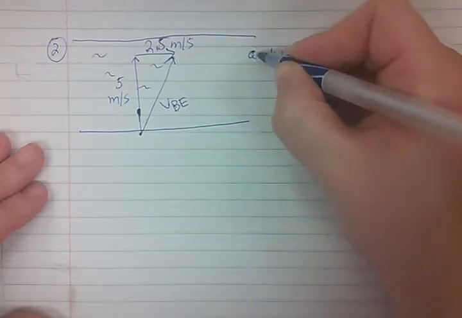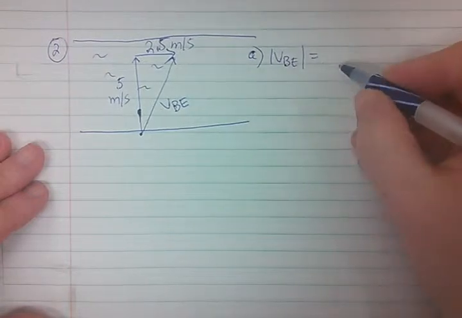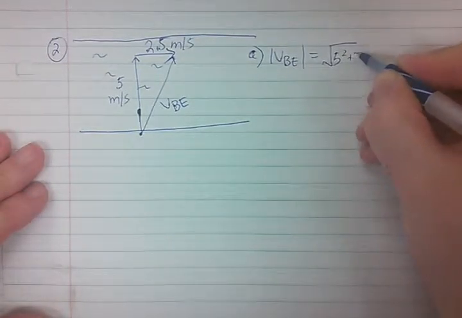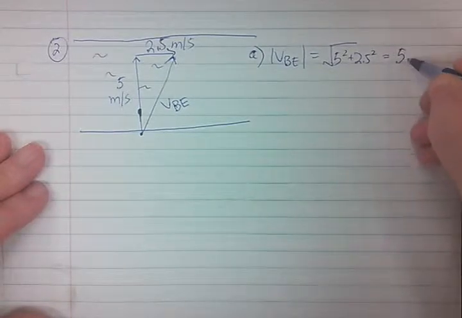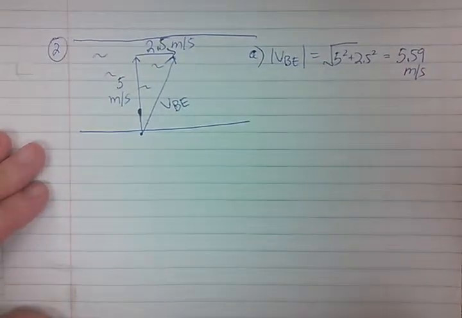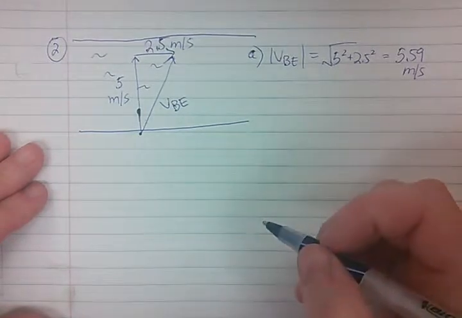And it's actually going to be the same answer that we got for Part A of the previous problem. So 5 squared plus 2.5 squared is equal to 5.59 meters per second. However, the angle is going to be different.